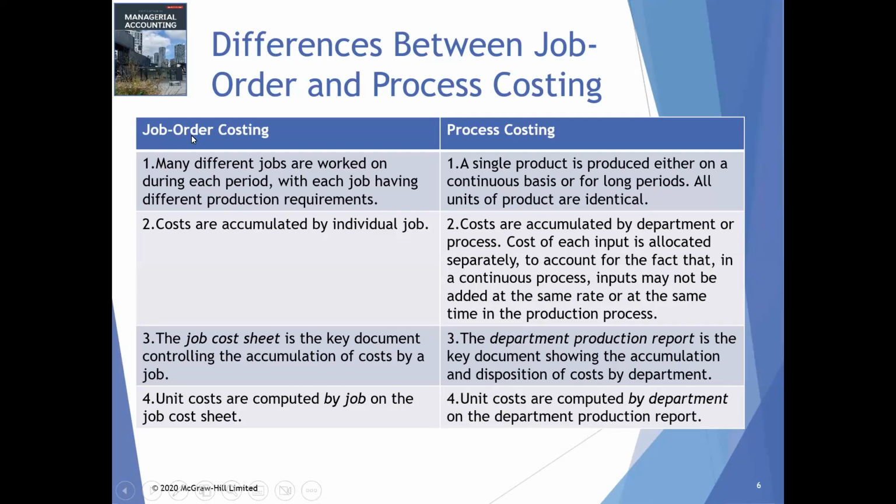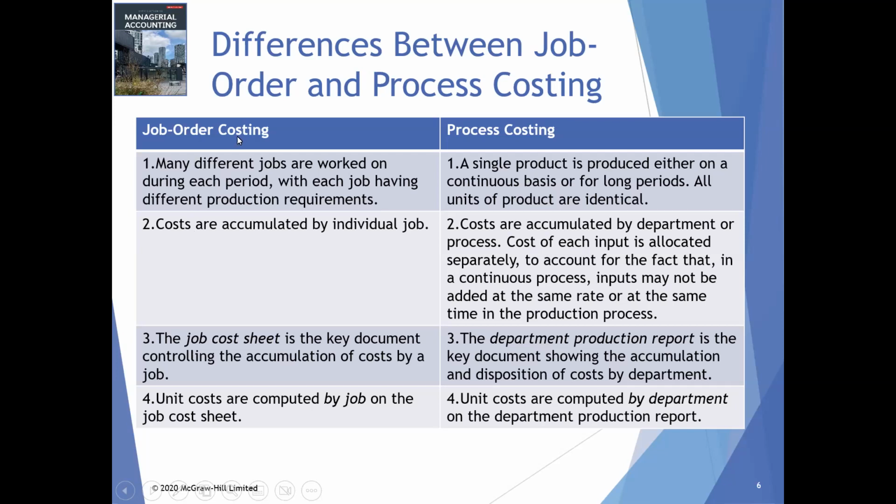In job costing, different production requirements mean job number one, job number two, job number three, as we discussed in the previous chapter. But in the case of process costing, a single product is produced on a continuous basis for a long period of time, and all units of the product are the same or identical.